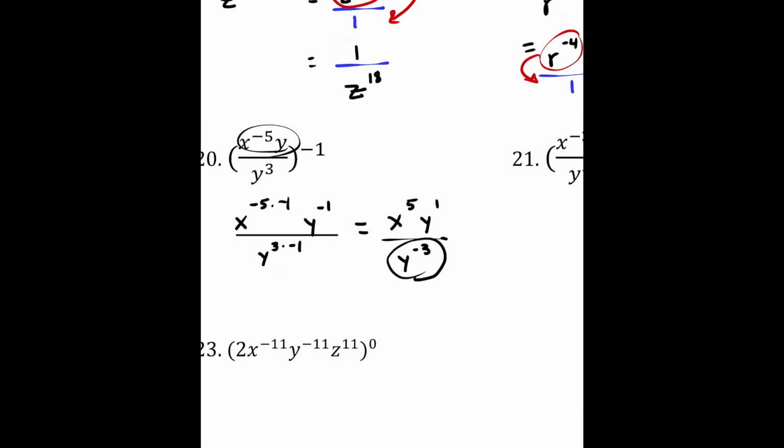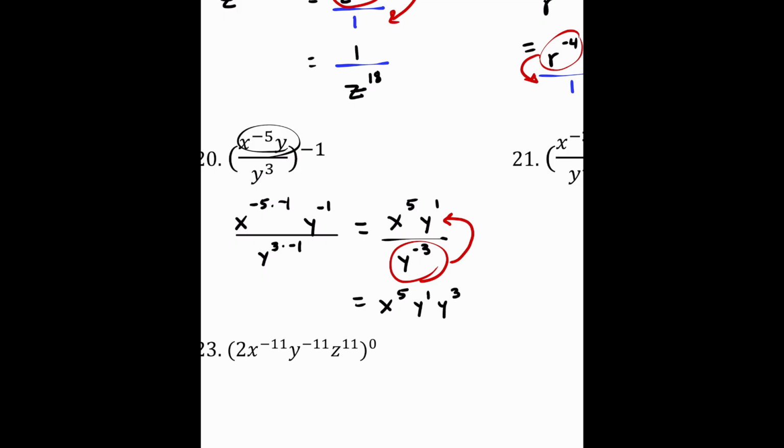Notice that we have a negative exponent down below, so we need to take this and move it up top. So we have x to the 5th power times y to the 1st times y to the 3rd power.